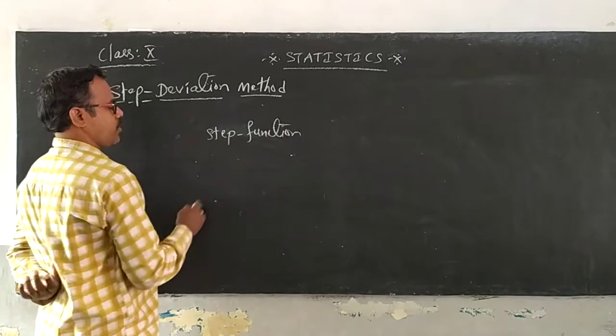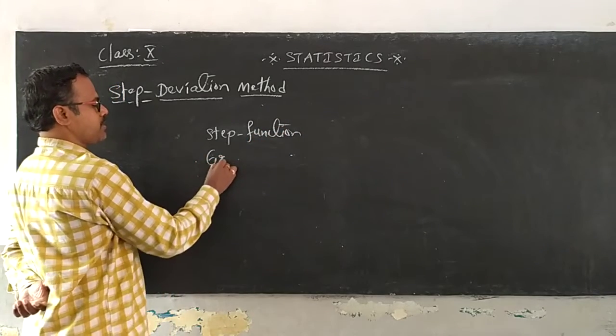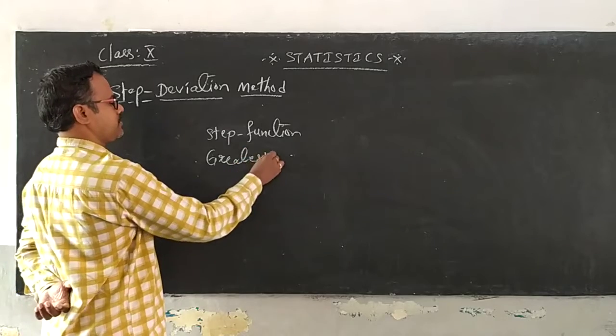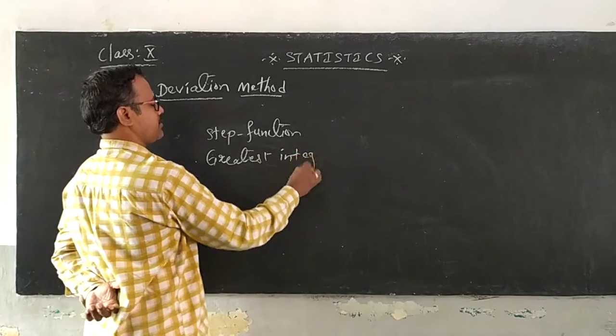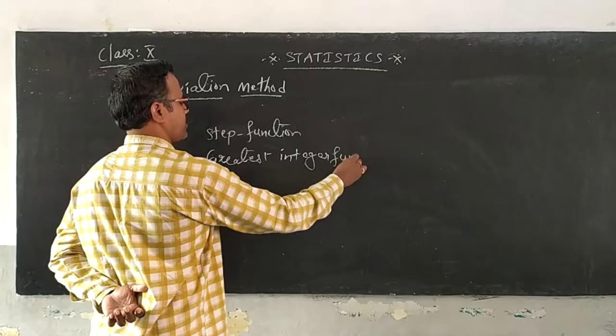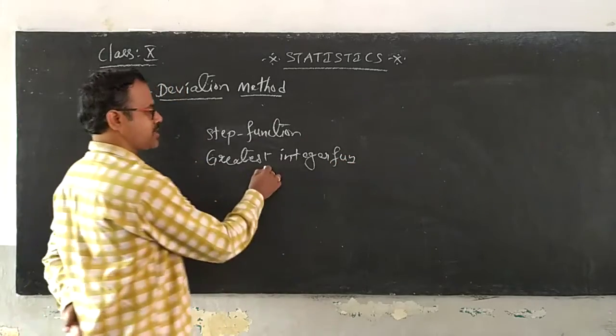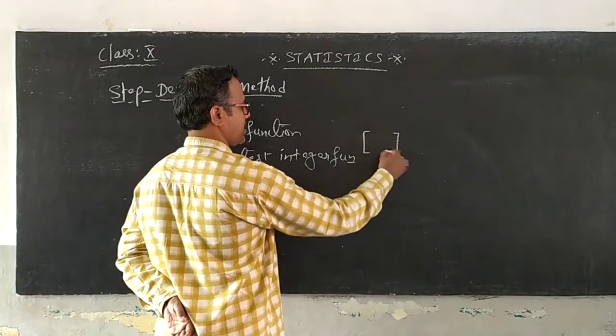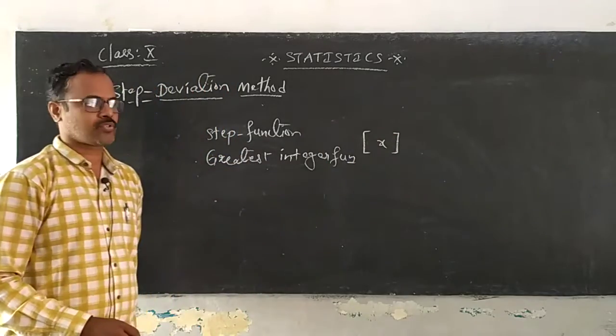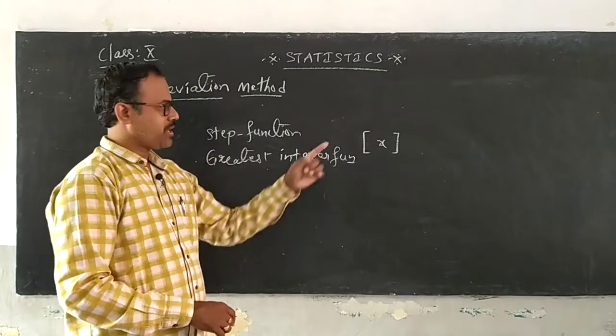Step function is also called the greatest integer function. It is represented by square brackets of x. What does it mean?